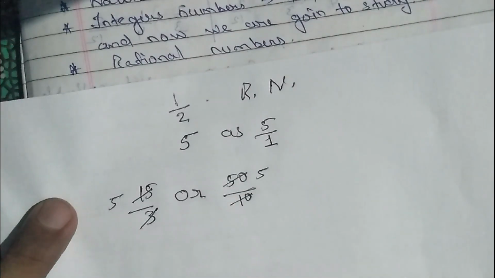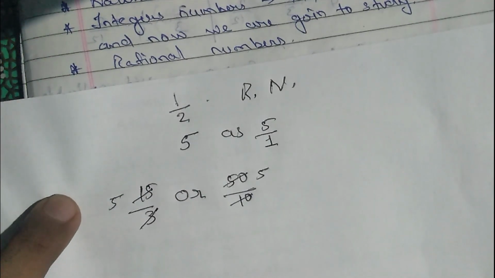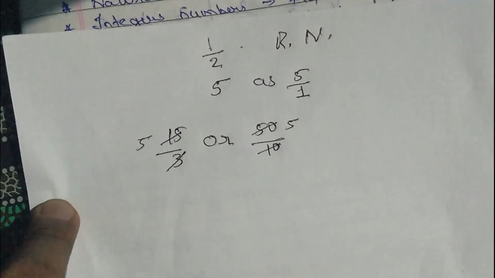You can see both are equal to 5. So this means that natural numbers, whole numbers and integers are all part of rational numbers as well, because they can be written as fractions. Rational numbers can be positive, negative, or 0.